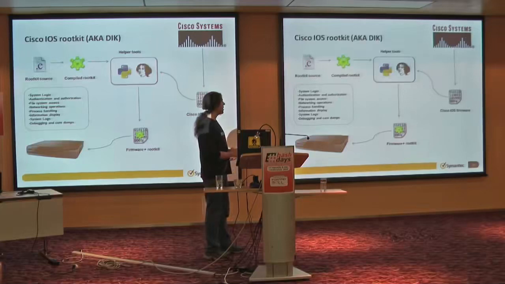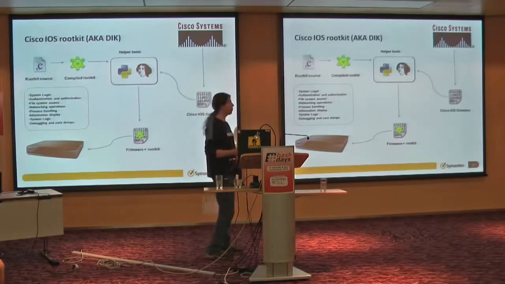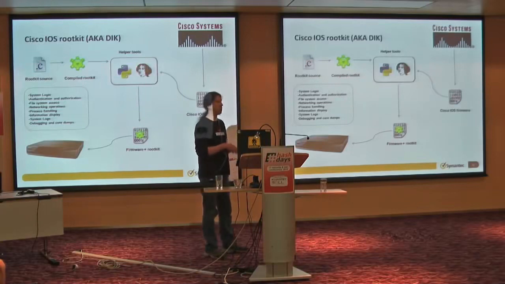So his idea is basically, okay, Cisco is giving us firmware for every router. So what I can do is implement a rootkit in the form of C source, because Cisco runs on different platforms. They run on PowerPC, they run on MIPS as well.